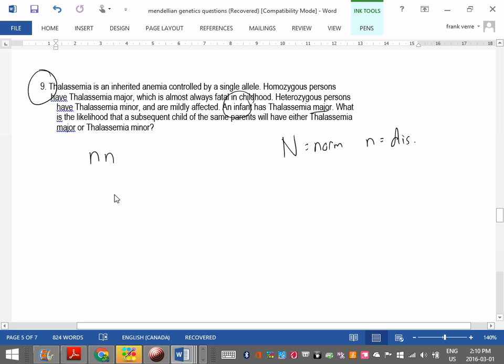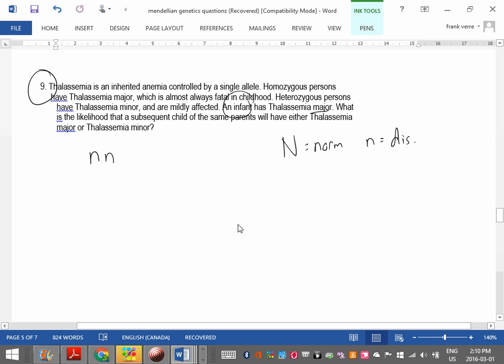By the way, how do we know this is recessive? It doesn't say it in the question, right? But you know it's recessive because look, if you have 2 copies of it, you have a disease which kills you. But if you have 1 copy of it, you're mildly affected. This has to be recessive. It doesn't make sense if it's dominant, right? Because if it's dominant, if you have 1 copy, you're still going to have the disease, right?